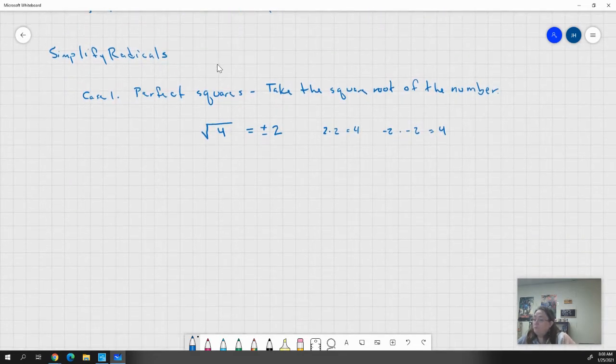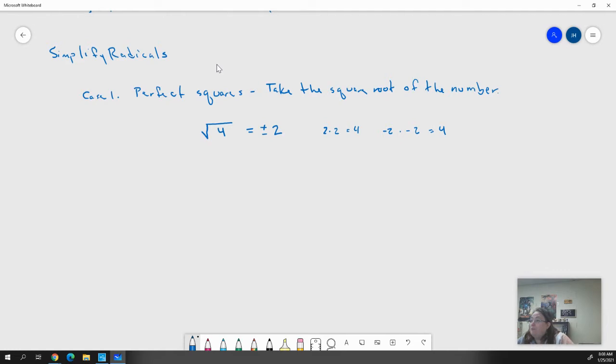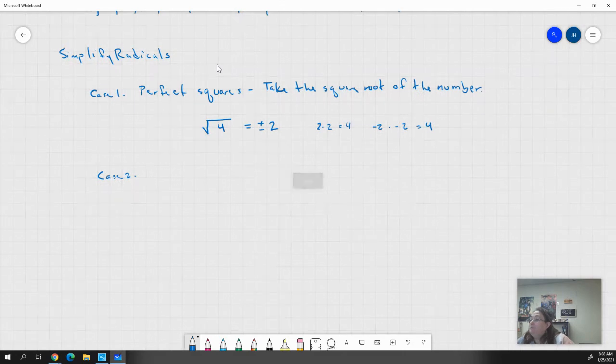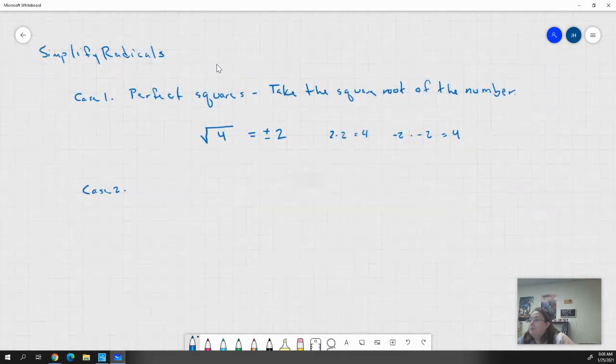Case 2 would be non-perfect squares, right? If case 1 is perfect squares, case 2 would be non-perfect squares.